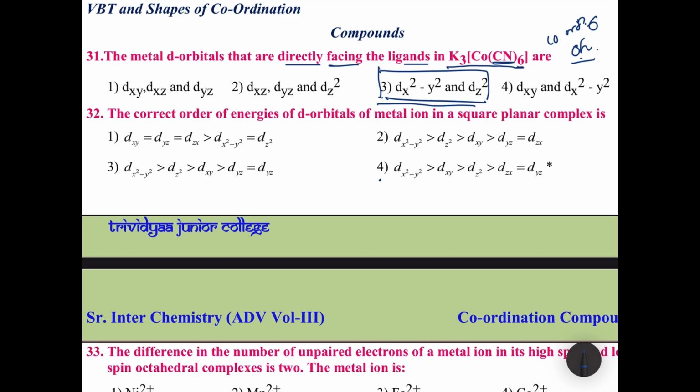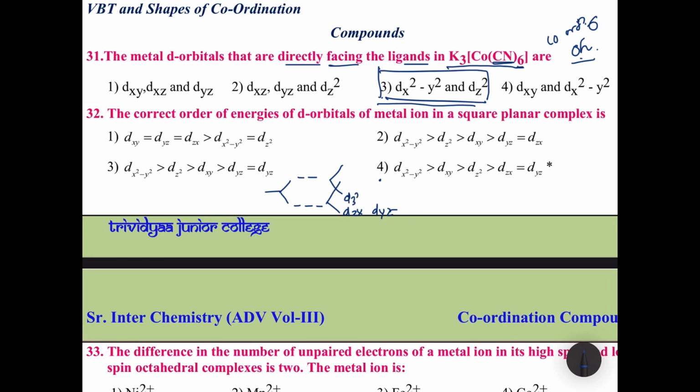Done? Next, the correct order of energies of d orbitals of a metal ion in a square planar complex. Actually, in octahedral it will be like this: eg orbitals and t2g orbitals. Then in square planar, one comes down, one goes up. The least is dxz, dyz.